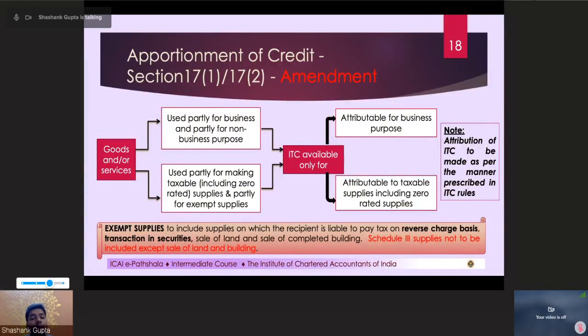Moreover, if purchases are used partly for making taxable supply, including zero-rated supply, and partly for exempt supply, ITC will be available only for making taxable supply, including zero-rated supply.